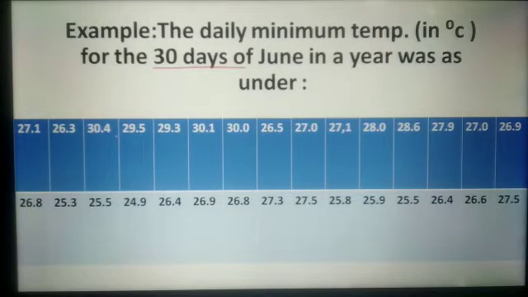When we check, we can see the maximum data is 30.4, and the minimum temperature is 24.9.